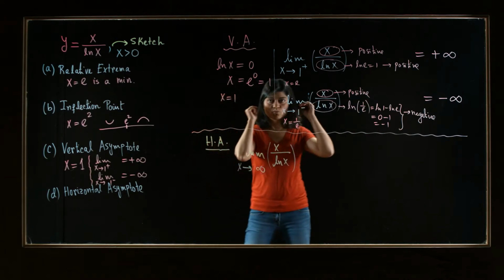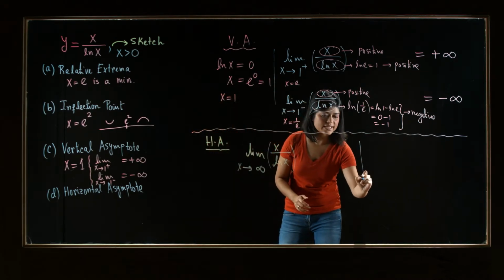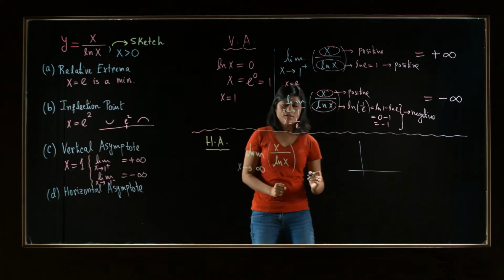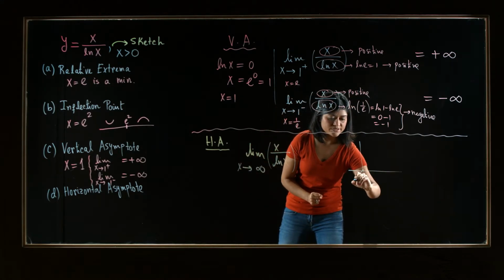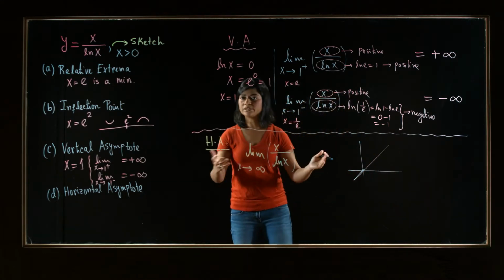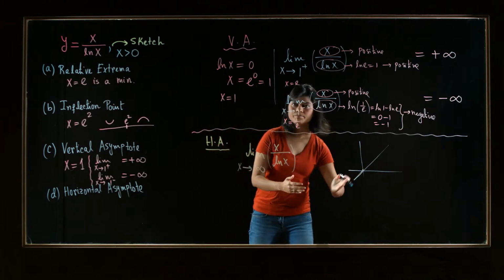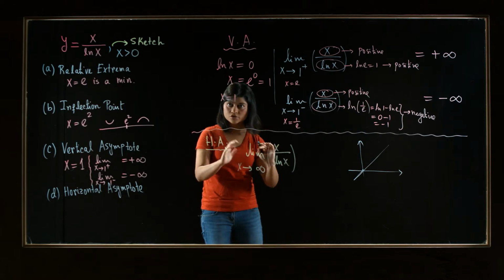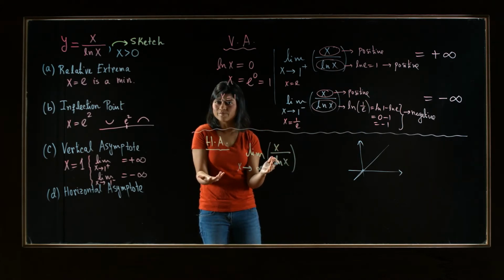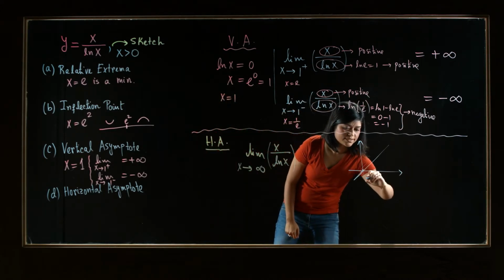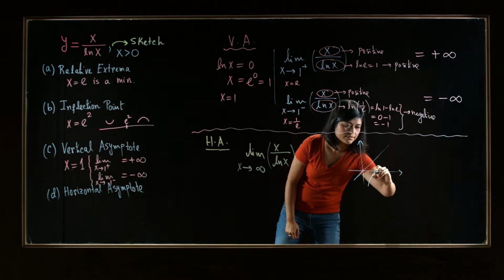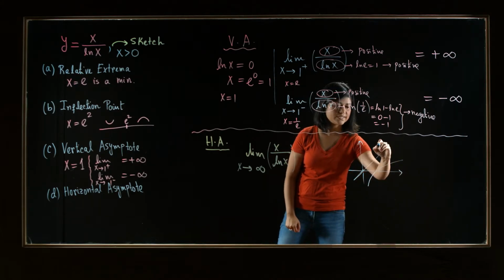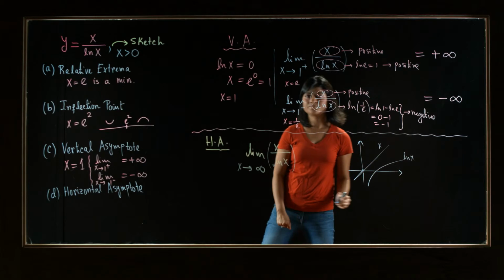Well, if you just quickly notice the line y equals x, you know what that looks like. It's right here, if you graph it. And you also have an idea of what the graph of natural log of x looks like. It's increasing, but it's increasing something like that. So here is x, here is ln of x.